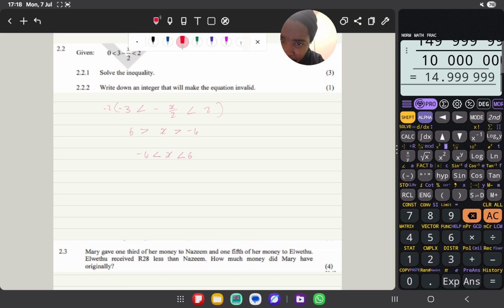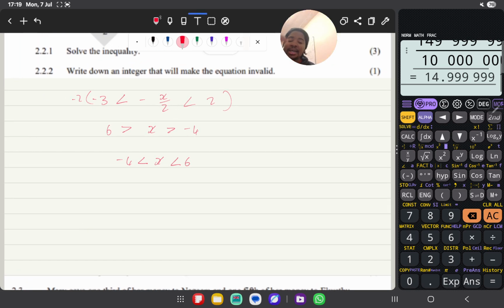And let me see, write down an integer that makes this inequality invalid.